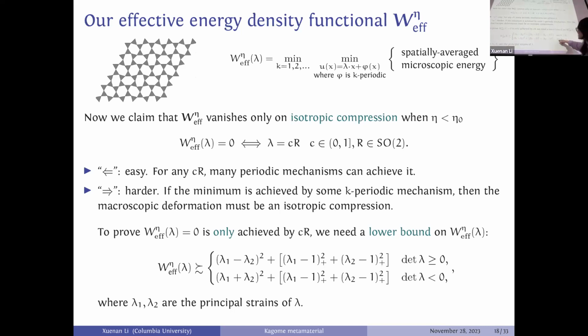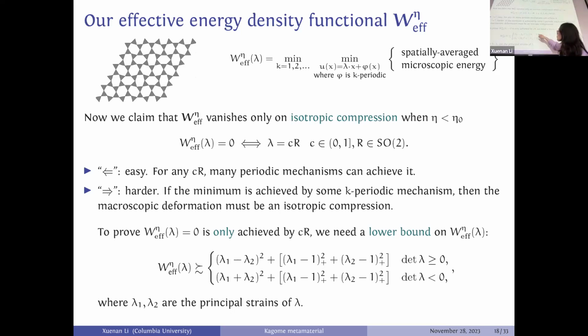So if the determinant is negative, then this one never vanishes. So we don't have to worry that this effective functional is going to vanish for the negative determinant part. And for the positive determinant part, it's going to vanish only when lambda 1 is equal to lambda 2, and lambda 1 and lambda 2 are less than or equal to 1.